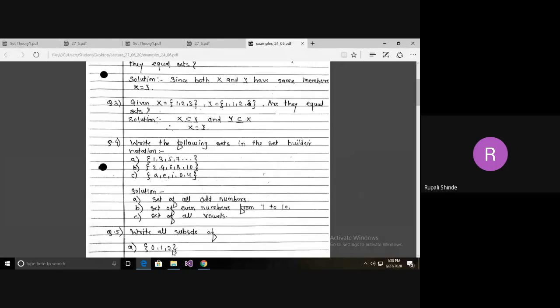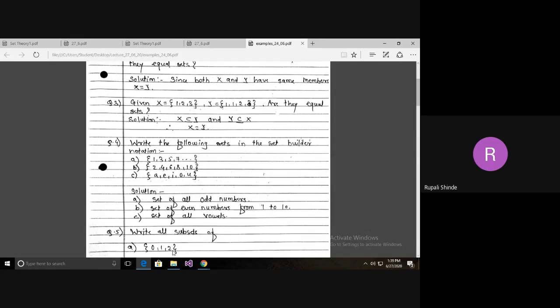What is the formula to find the power set? 2 raised to the power A. A indicates the number of elements in that set. Here that number is 3. So 2 raised to 3 equals 8.